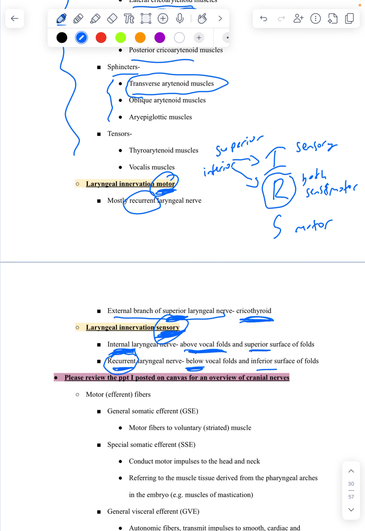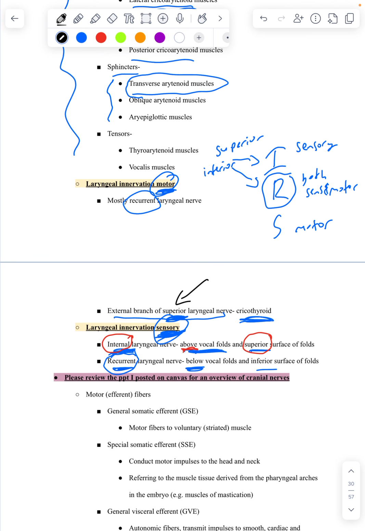So that's how you know that the I, or the internal laryngeal, does the above or superior surface of the vocal folds, and then recurrent is inferior. If you want to remember which muscle is innervated by the S, or superior laryngeal, we're talking about motor.